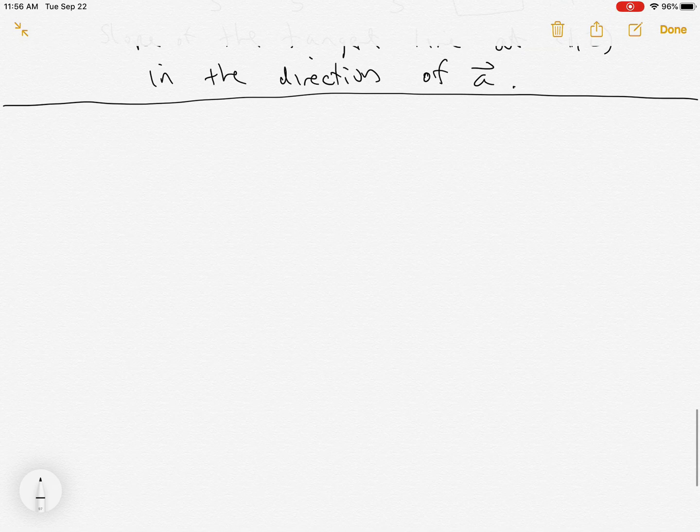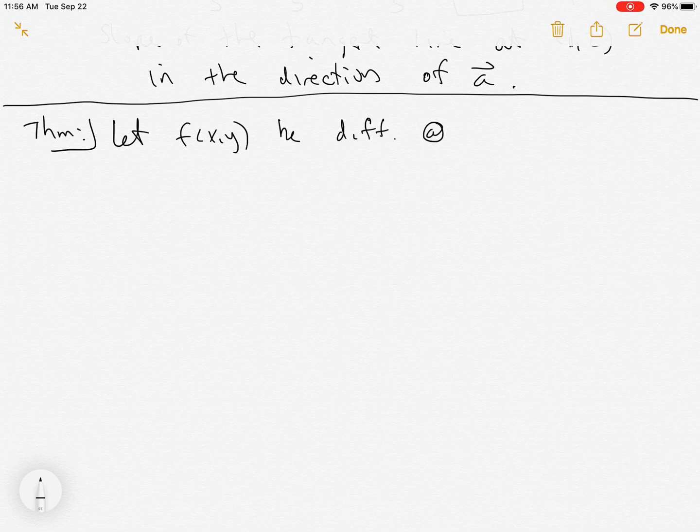So here's a theorem that helps out tremendously when you're doing computations. Let f of x, y be differentiable at some point (x naught, y naught). 1.